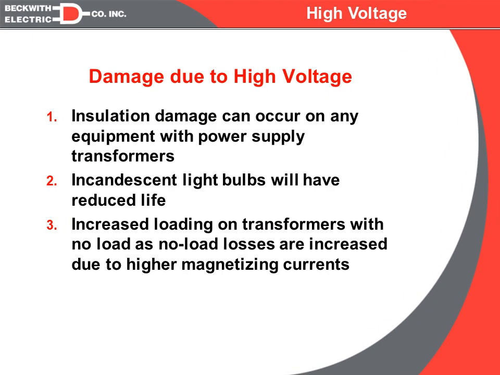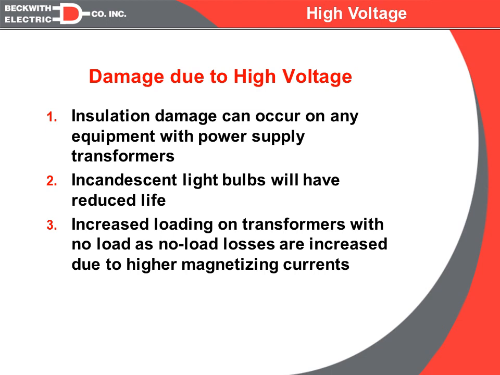If the voltage is too high, the main impact is failures of transformers, whether they're distribution transformers on a utility system or whether they're transformers in appliances such as washers, dryers, refrigerators, computers. A lot of transformers have insulation, and at higher voltages that insulation will break down and you will decrease the life and possibly damage the transformer if the voltage gets too high.